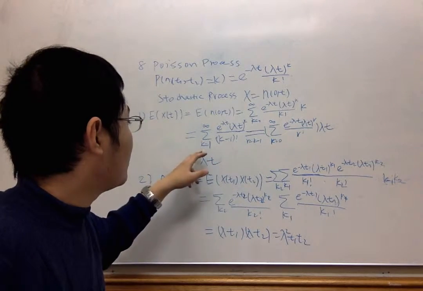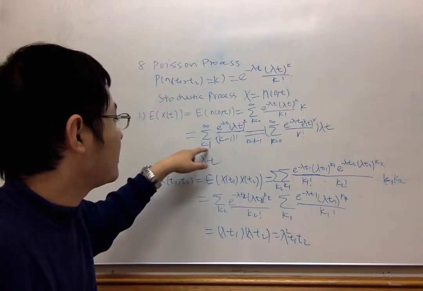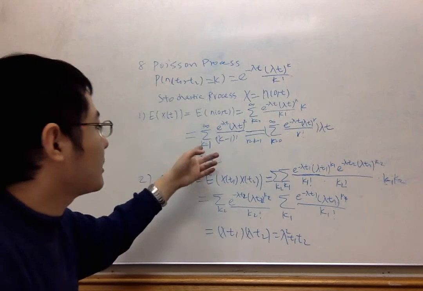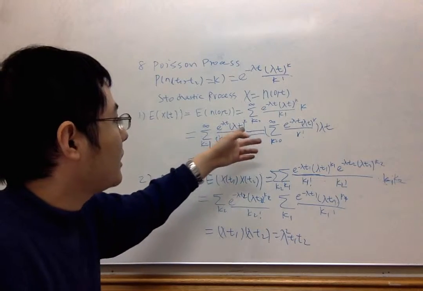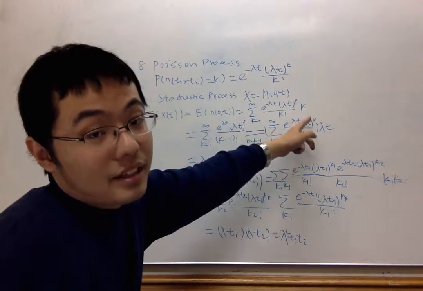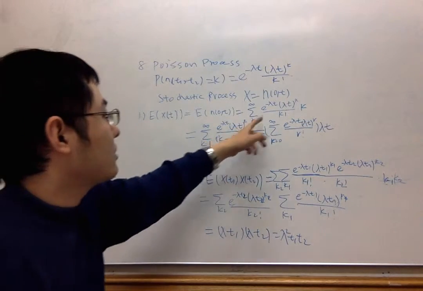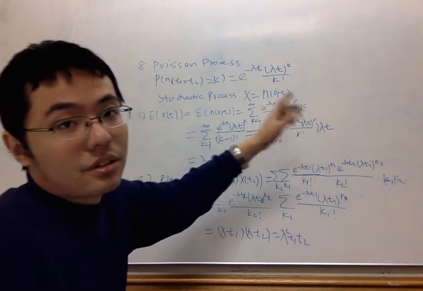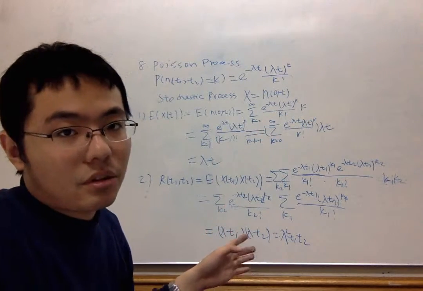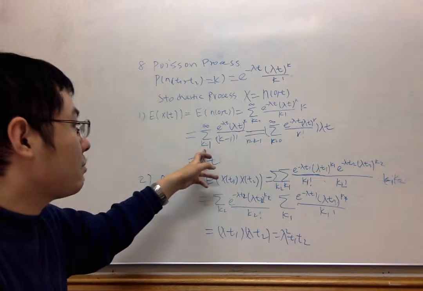We can suppress the k=0 term, because when k equals 0 the first term is 0 anyway. So we just consider the terms where k starts from 1.